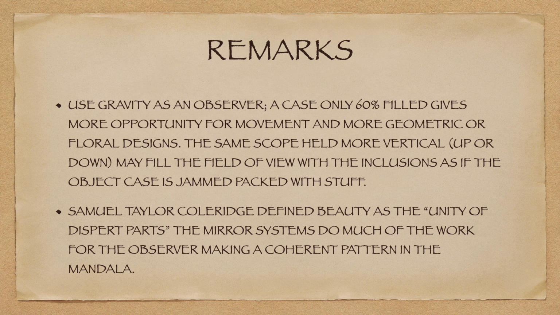Again, 60% filling allows more opportunity for movement and the development of geometric or floral designs. And again, the scope may be held in different positions so that the inclusions are distributed in the kaleidoscope differently and give more control to the viewer.